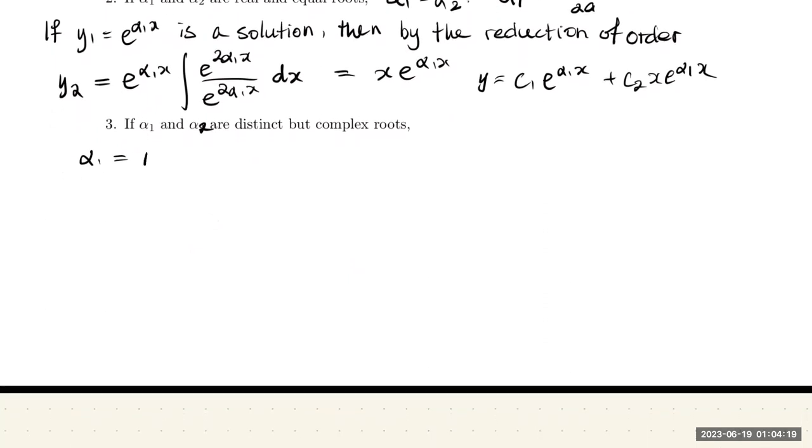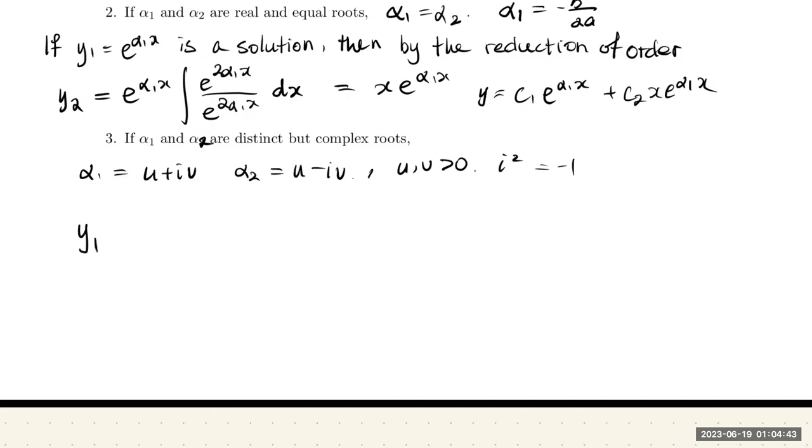So let's say we have u plus iv, and the other solution is going to be u minus iv, which is the conjugate. We're going to assume that u and v are greater than 0, and here we know that i squared is equal to minus 1.